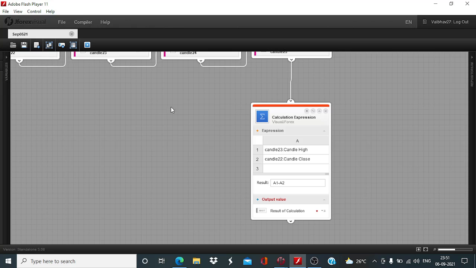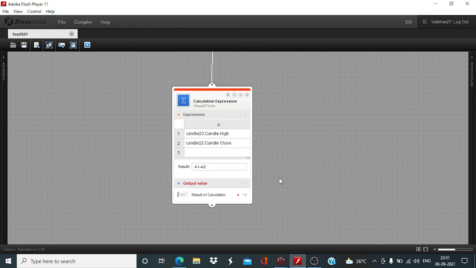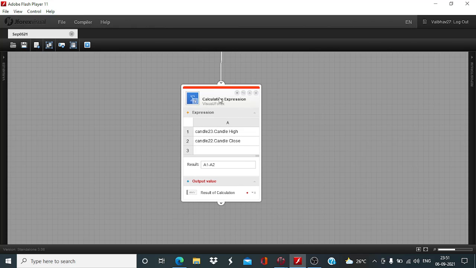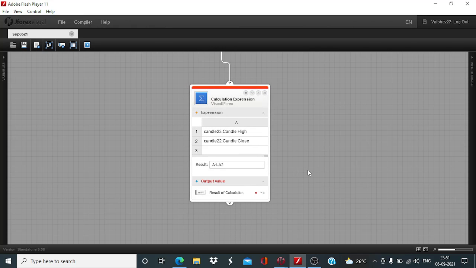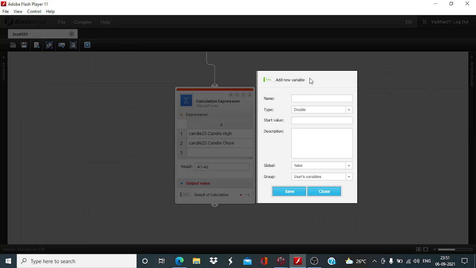So there are two ways. One is we take the variable and then after that we multiply the output value with the pip conversion factor. I think that will be a better way. So okay, we name it AD.